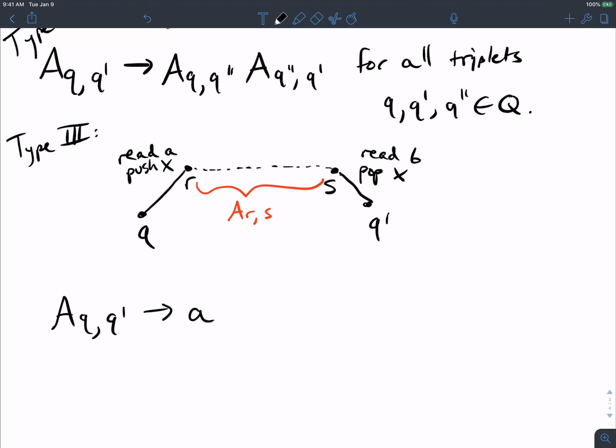Something from ARS. So we're going to defer the work over to that other variable and let it do its thing. But remember, our target is Q prime. So what else do I need to read to go to Q prime? Read a B. So after I generate the thing from R to S, I need to read a B. But that will take me from Q to Q prime.